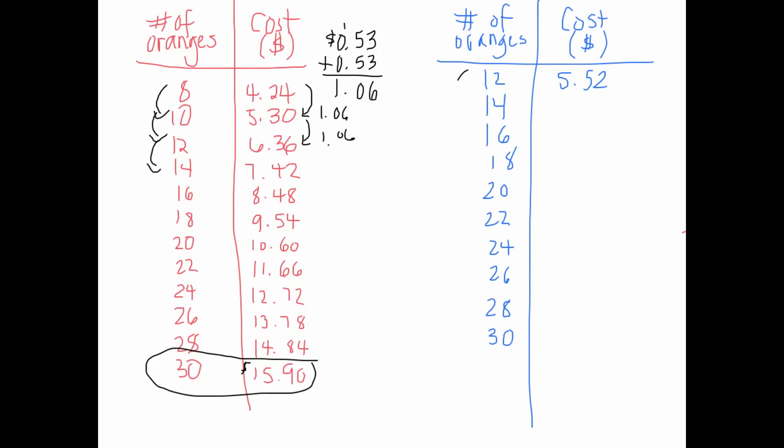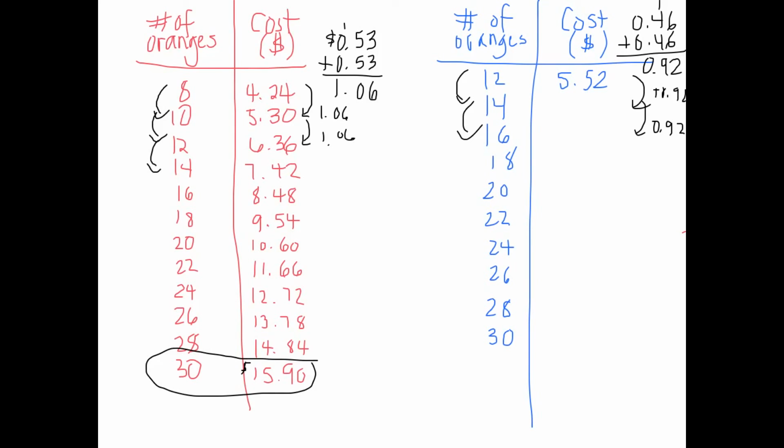Well, since we're counting by 2s, we need to figure out how much it costs for 2 oranges from store B. Well, 1 orange was 46 cents, so if we add 46 plus 46, what do we get? We get 92 cents. So we're going to add 92 cents every time we skip by 2 oranges because 2 oranges will cost us 92 cents.